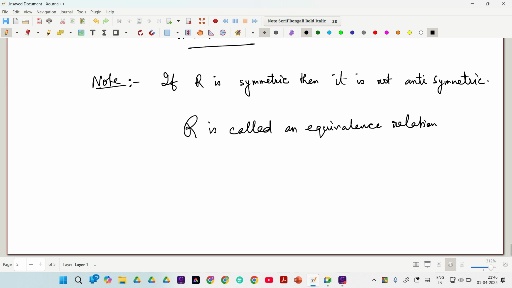So if you are asked to check whether a relation is an equivalence relation or not, you have to check whether R is reflexive, symmetric and transitive. If R satisfies all the conditions of these three, I mean R is reflexive and R is symmetric and R is transitive, then R is called an equivalence relation.